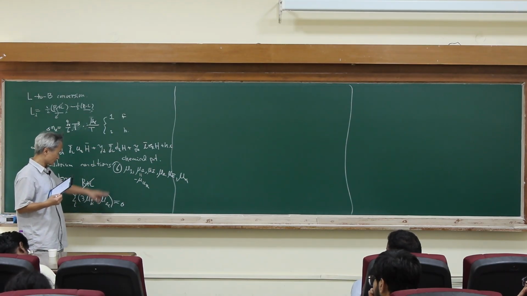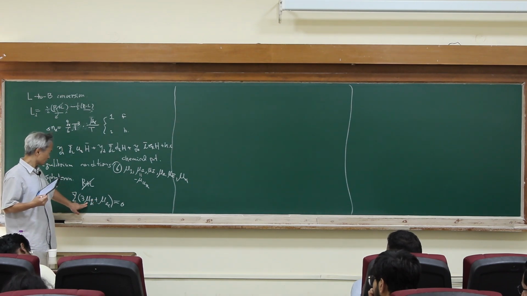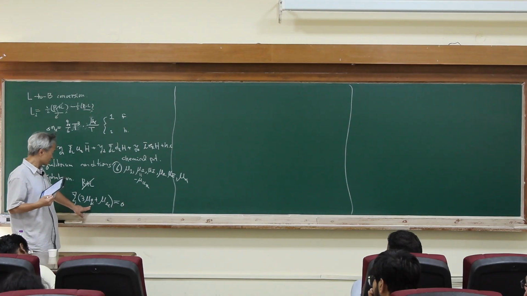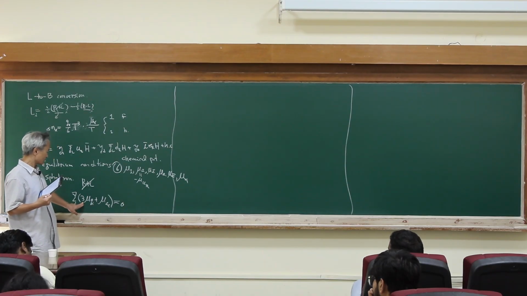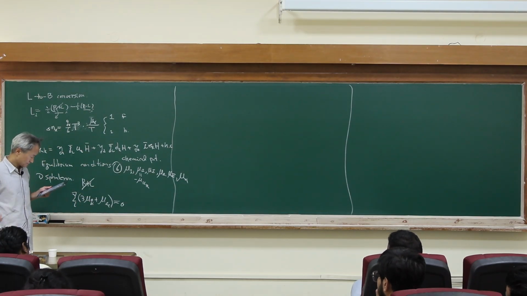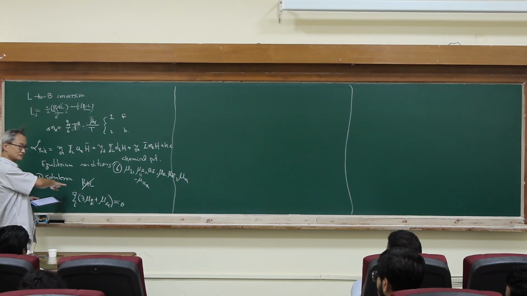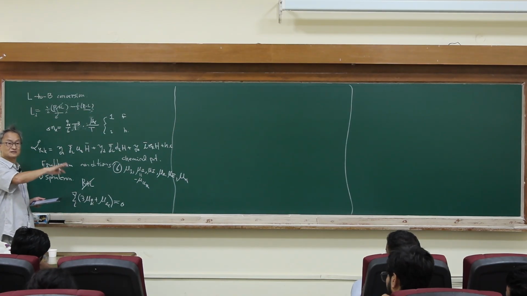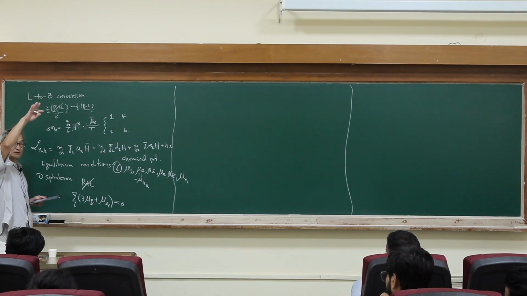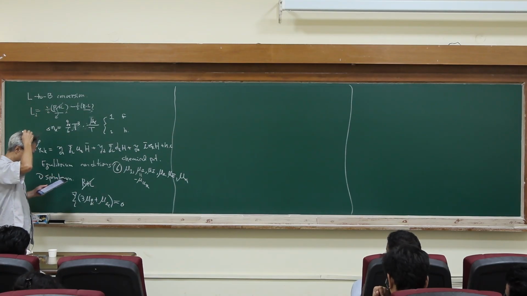I mean the doublet, so the factor 2 is always there. It's common to Q and L, and Q has 3 colors, so it has 3. The sphaleron process is in thermal equilibrium from 10^12 GeV down to 10^2 GeV. It's a very active process.